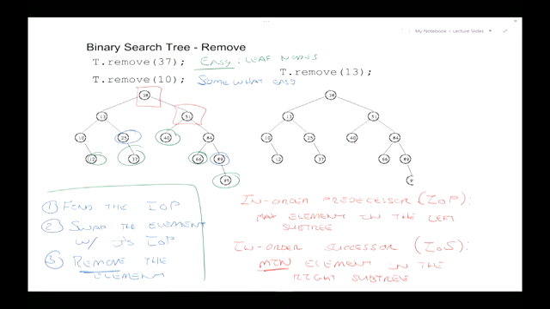Because the first stage, what are we doing in the beginning of the algorithm? We're finding the node we want to delete. So we're doing a find operation. Eventually, we find that node. What do we do once we find that node? We don't swap yet, because right now we just found the element we want to delete. So now we're in our delete step. So we find the IOP, right? The IOP says, look at my left subtree and go down my left subtree until I find the IOP.